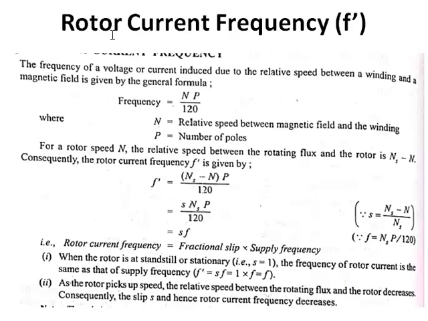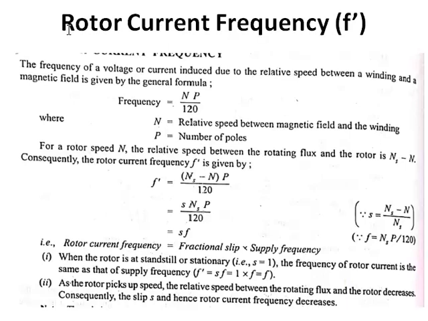EMF is induced. Since the rotor winding is a closed path, rotor current will flow, right? Rotor current will flow, and all these are alternating quantities. The rotor current that is generated inside the rotor conductor is also alternating, but its frequency would be different. It will not be the same as the supply frequency.